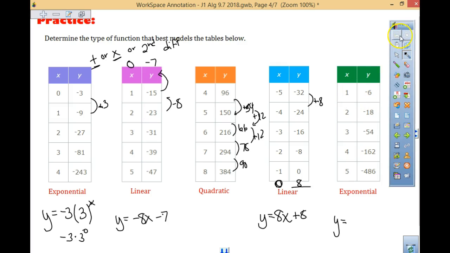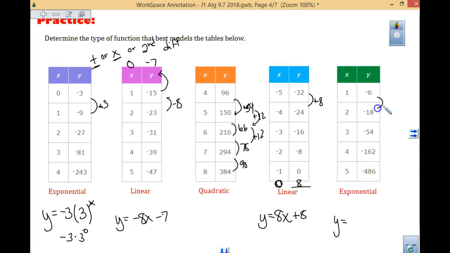Our exponential. What does it look like our ratio is? Times 3, times 3, times 3, times 3. Okay? So we know that it is 3 to the x power, kind of like we had here, right? But we got to figure out what's before that.